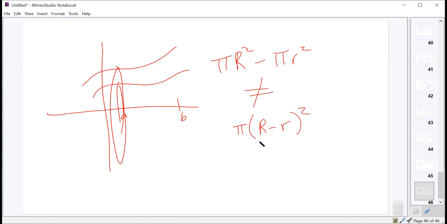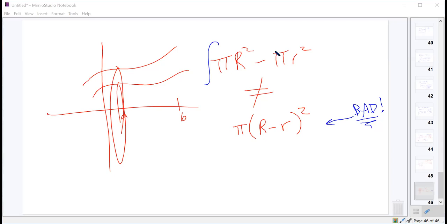This is a very common mistake that people make on the AP test. So don't do this. This is bad. Don't do that. Okay? Everybody good with that being bad? Right? And so you just find your outer radius, you find your inner radius, square them both, multiply them by pi, and subtract and integrate. Good? Any questions, any issues there?